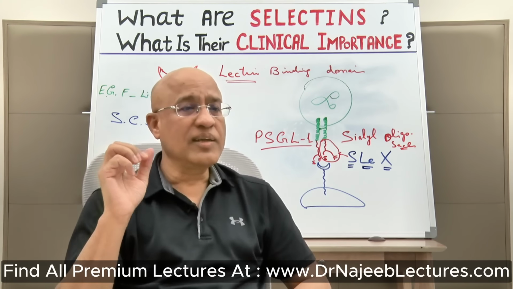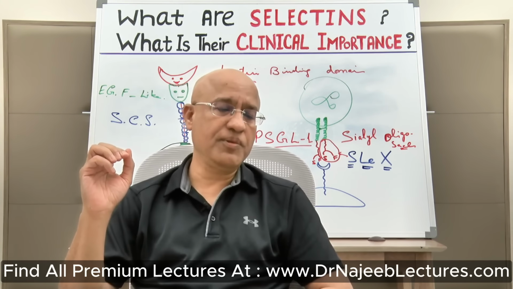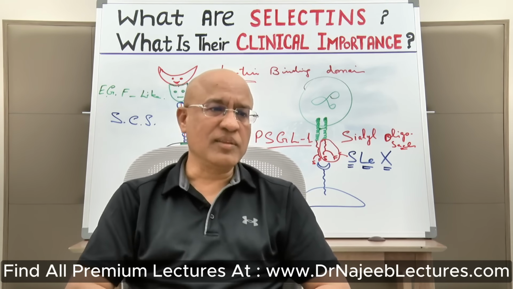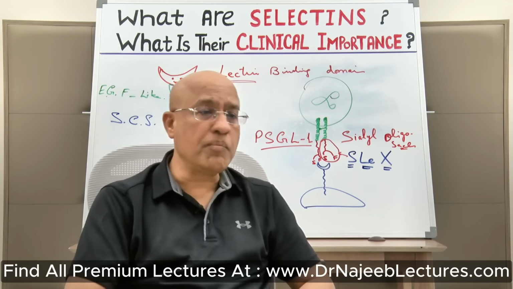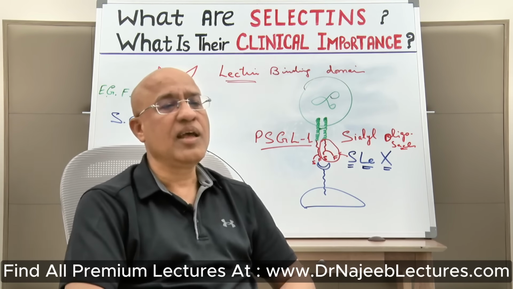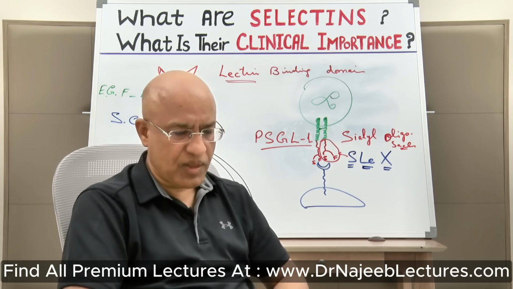Number 4, selectins are expressed in lesions of chronic inflammatory diseases, where these selectins bind more neutrophils and more monocytes and more other inflammatory cells or white blood cells, and further perpetuate the chronicity of the disease, right?